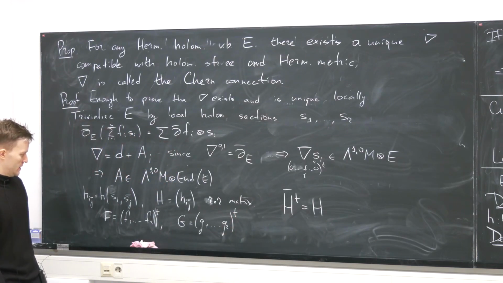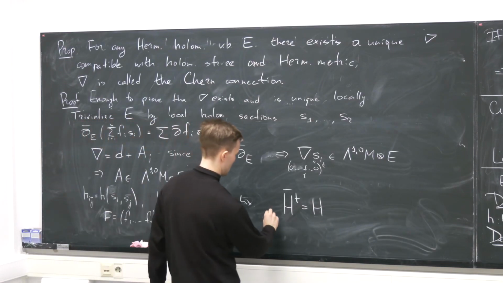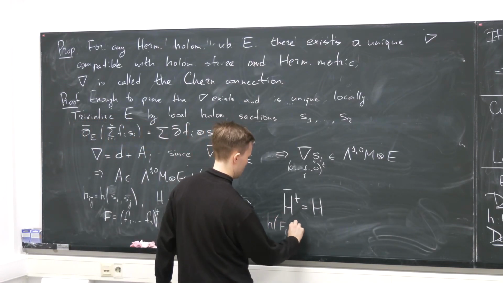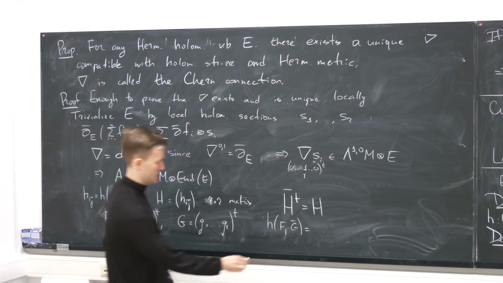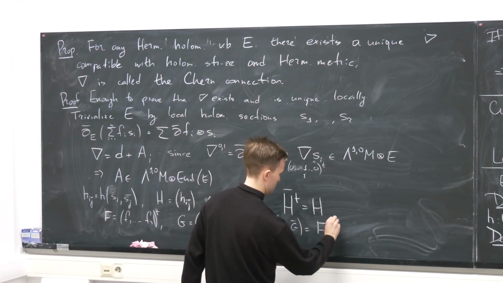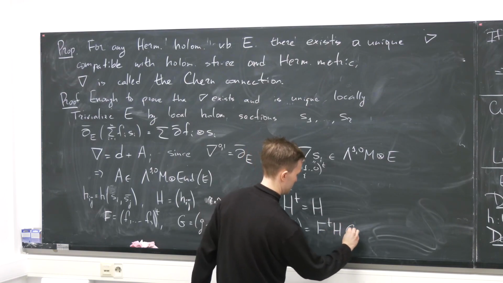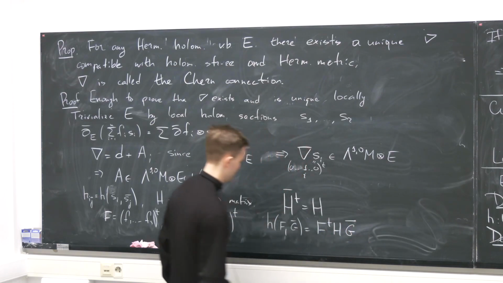Then H of F and G bar is the same thing as the product of F transpose times H times G bar.